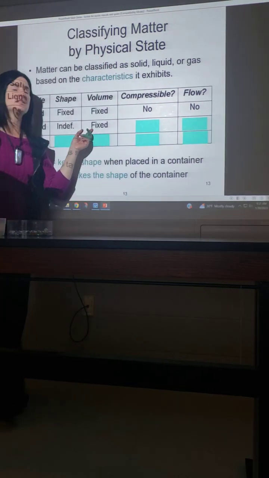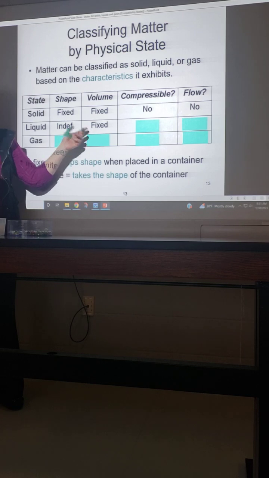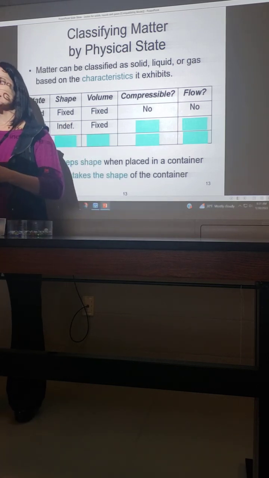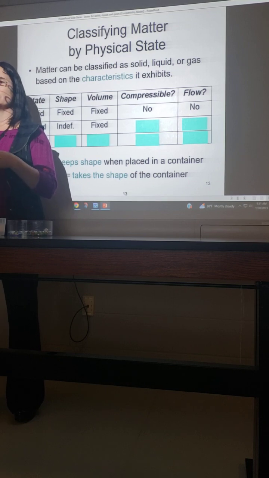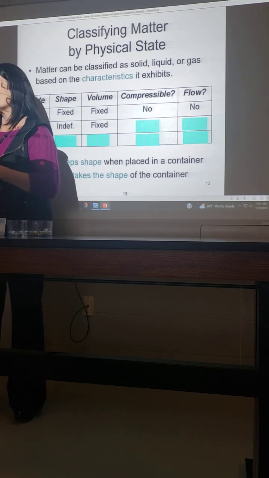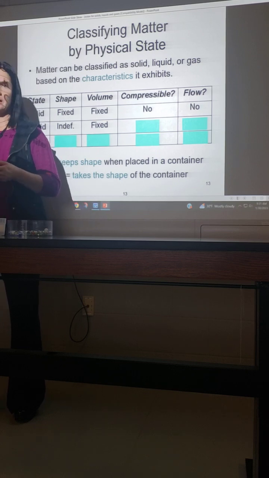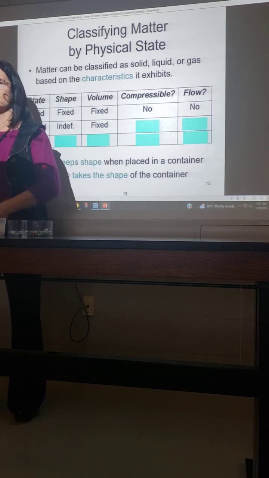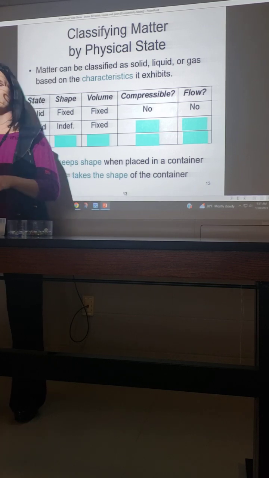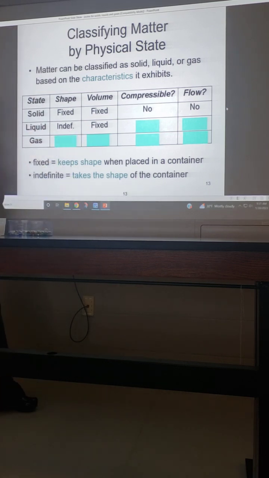That tends to be the trickiest one because you think, oh, it doesn't have its own shape, which is true. But it does have its own amount of space. It's gonna take up the same volume no matter where it is. Unless you remove some of that liquid, then obviously you're changing the volume. But if you're keeping the same amount, then the volume stays the same no matter what it's in. So it's actually considered fixed.